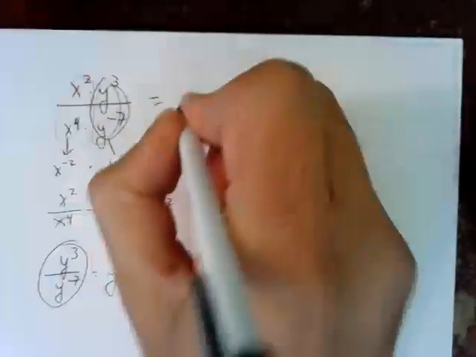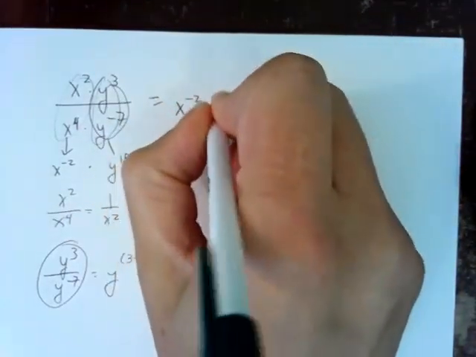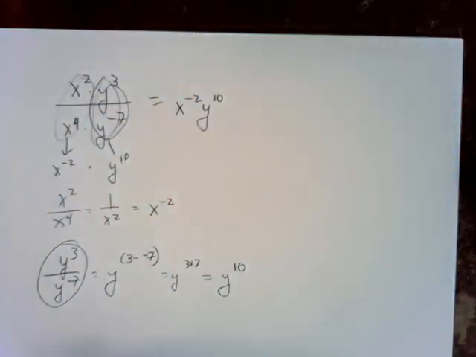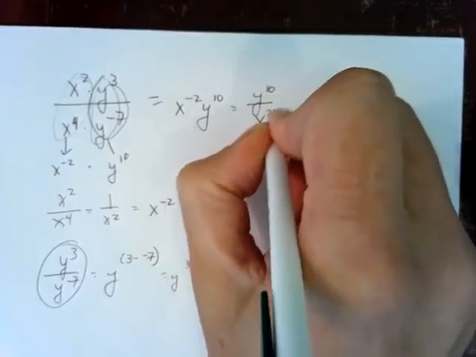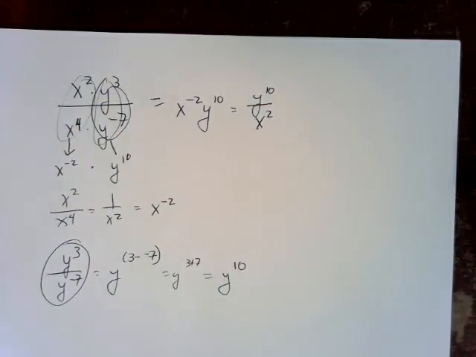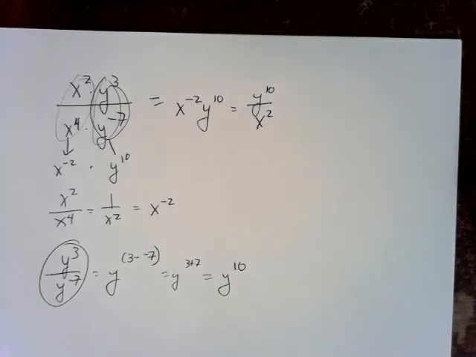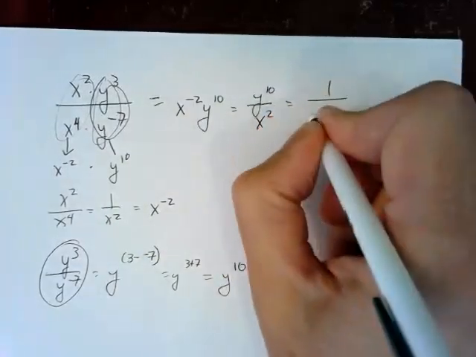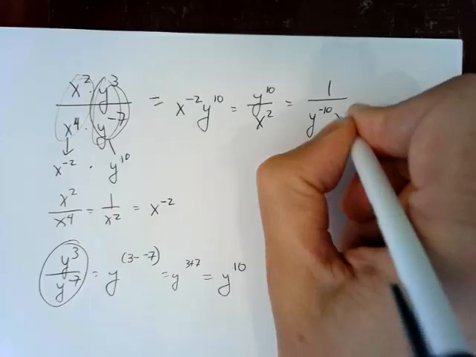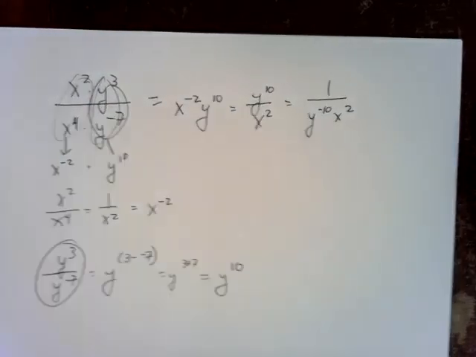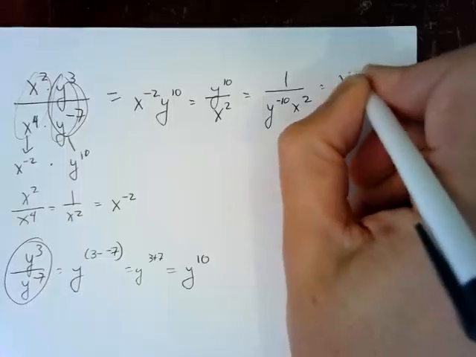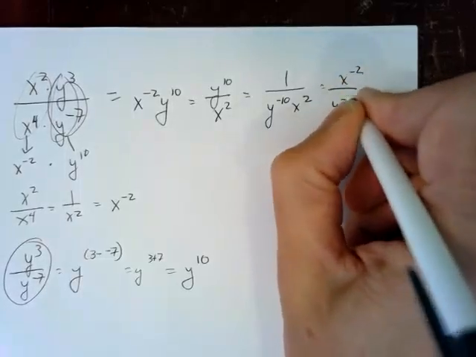So our answer now would be x to the minus 2, y to the positive 10th, or this could also be written as y to the 10th over x squared. If you really wanted to, although we probably wouldn't want to, you could have this written as y to the minus 10th over x squared, or x to the minus 2 over y to the minus 10.